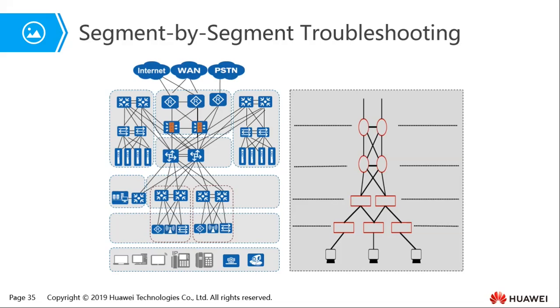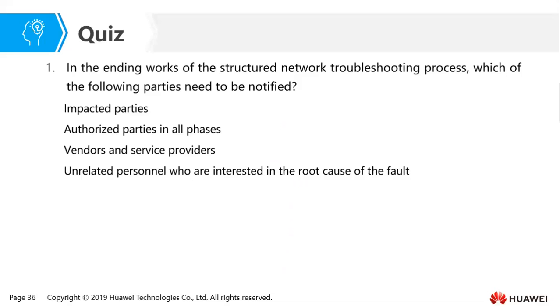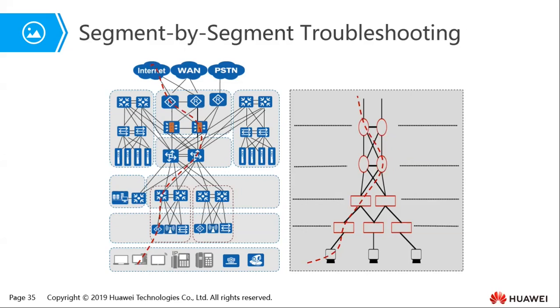Like this one, it is a very complex network. We can test from this PC, are we able to access the internet? We can use ping and traceroute to find out the path that is being followed.